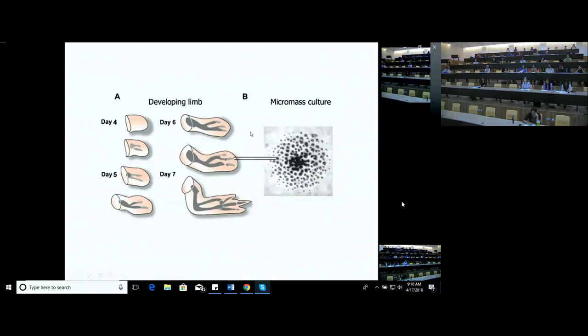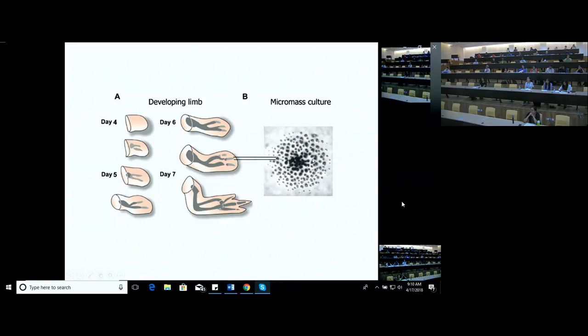Okay, now one of the ways that we study these mechanisms, particularly using chicken or mouse tissues, is that we isolate from a limb bud, like a 5-day limb bud, a piece of tissue that has not yet formed any cartilage or even formed any condensations. We disperse the cells and we put them in culture.